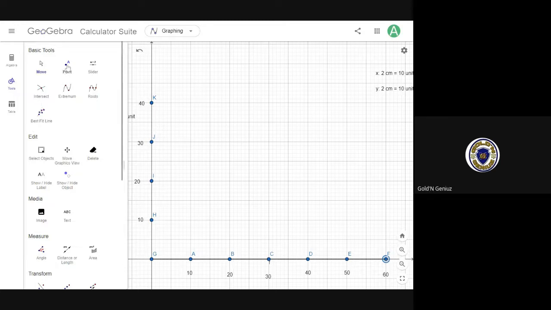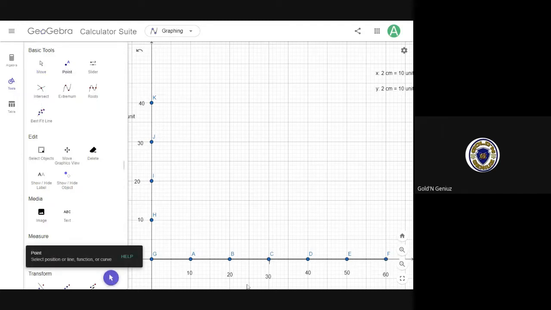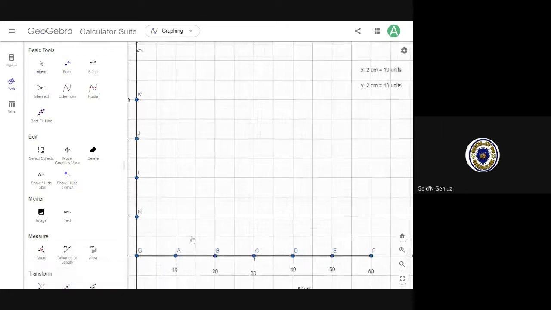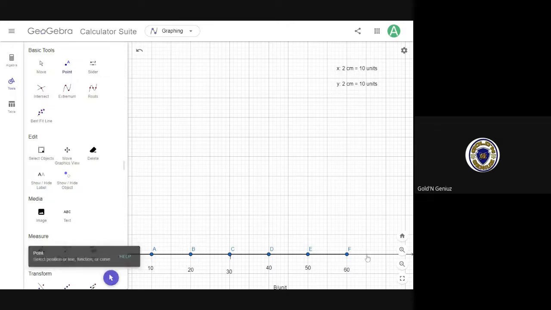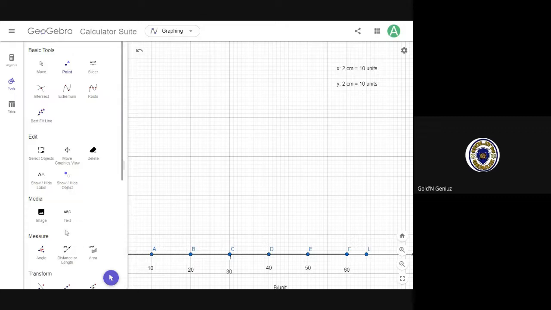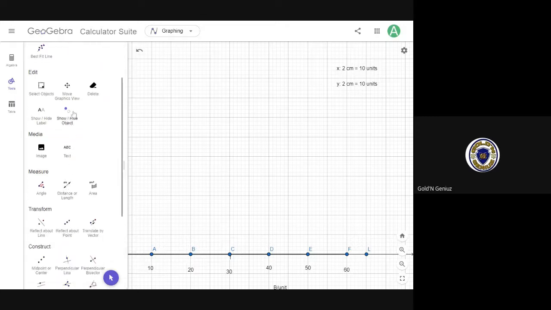Alright, so let's put another line for now, another point on the line, and let's extend that line segment.